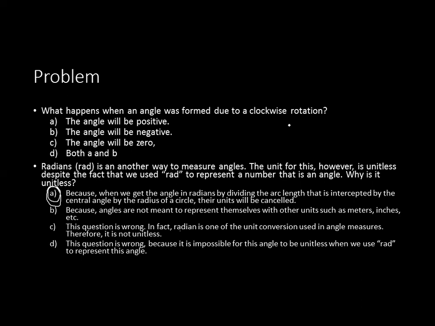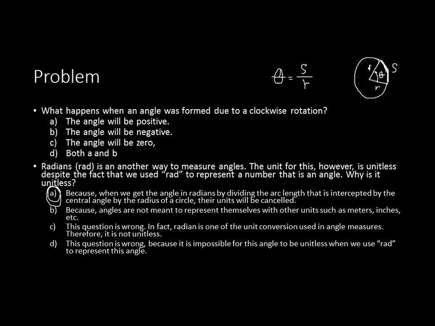What's the formula again for getting the angle in radians? It is theta is equal to S over r, where S is the arc length of the circle that is intercepted by the central angle, and the radius is your r. So suppose this is the circle. This one is the S, and here is the angle, and these two lines are radii, or radius in singular.